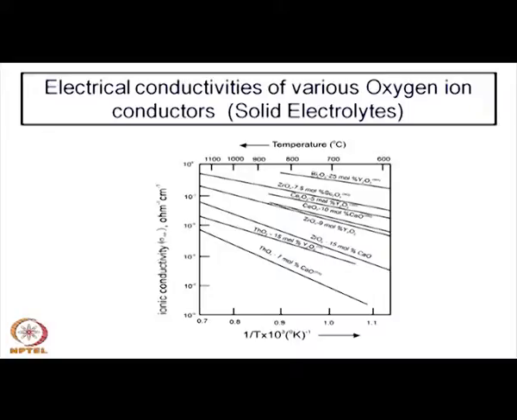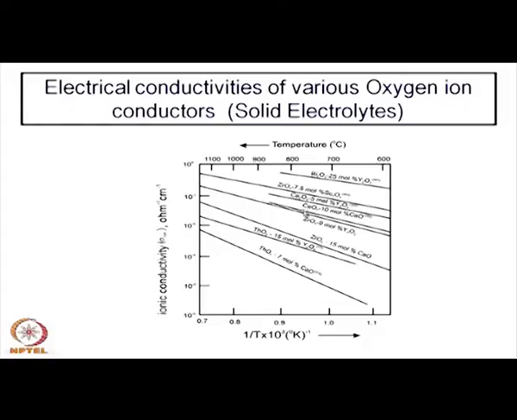But before we come to that, these are the conductivity plots, the electrical conductivity of various oxygen ion conductors, particularly those known as solid electrolytes. So, they can be used as electrolyte in a solid state electrochemical cell. These are mostly cubic fluorite type oxides, and they start with thoria. ZrO2 also has a cubic fluorite structure, and Bi2O3 at slightly elevated temperature, one of the polymorphs is also a cubic fluorite structure.